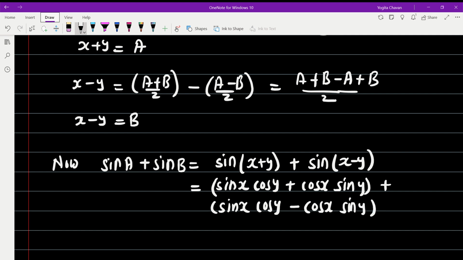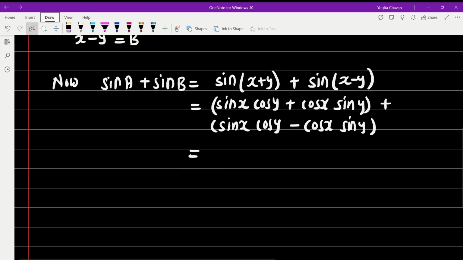Okay, is equal to, now sin x into cos y and here again sin x into cos y, so this is 2 sin x into cos y, and this term cos x into sin y and minus cos x into sin y cancel with each other.